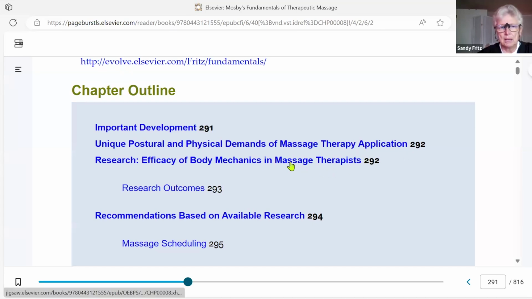So I'm confident that the recommendations provided here in this textbook are going to be valid. But there may be some other recommendations that show up based on what the ergonomics study finds out. So I will keep you posted on that in the classroom.